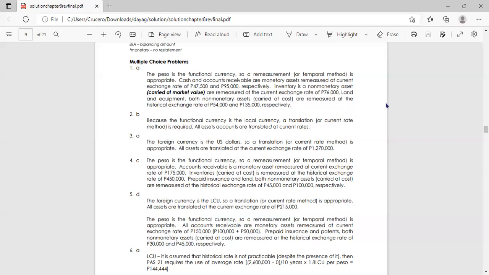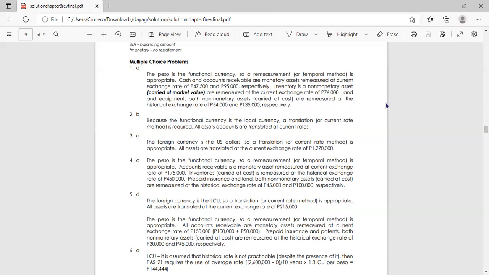So that ends up with 142,500. Inventory is a non-monetary asset carried at market value, so it is measured at the current exchange rate of 76,000.